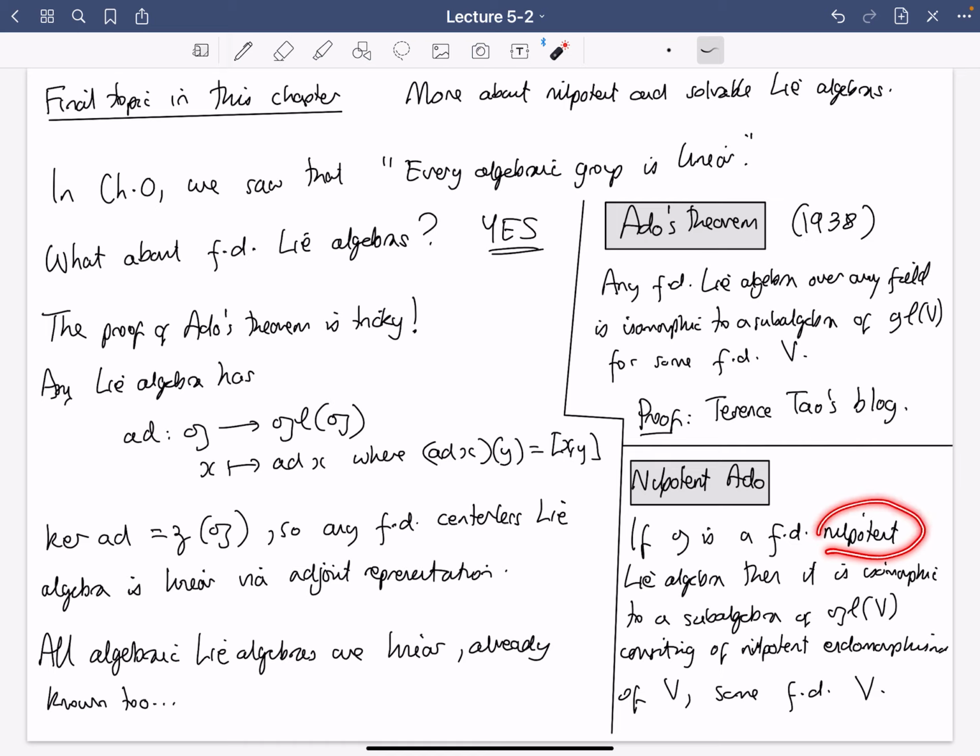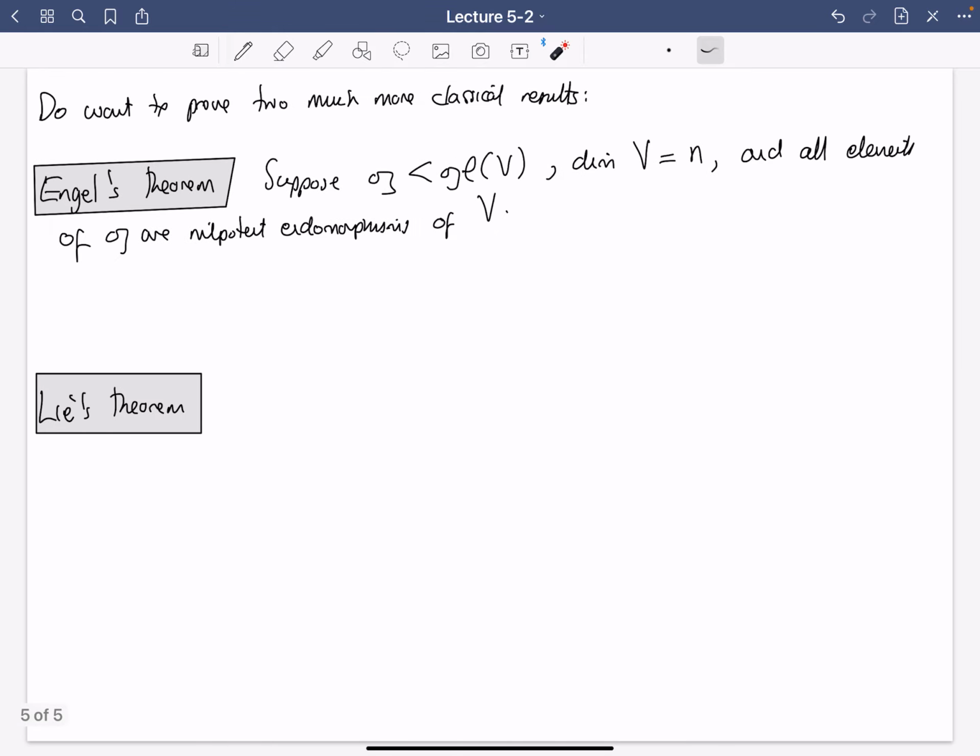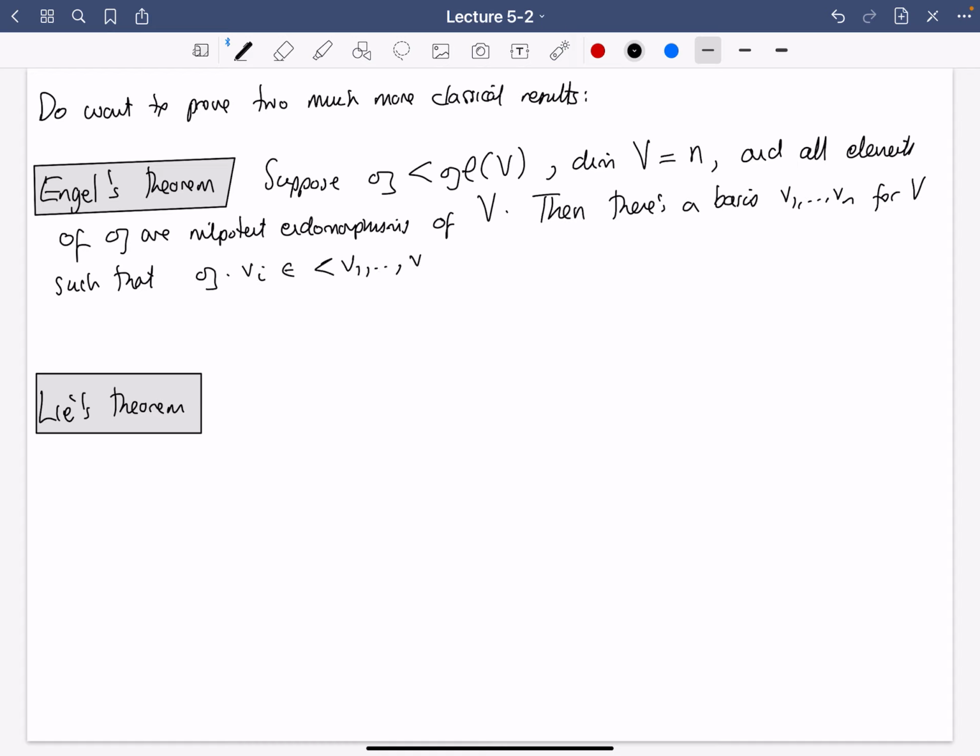Any nilpotent Lie algebra can be realized as a subalgebra of GL(V) consisting of nilpotent endomorphisms. So any nilpotent Lie algebra in the setup of nilpotent Ado there will give a situation where Engel's theorem applies. And the theorem says that there's a basis v1 through vn for V such that G sends vi into the span of all the strictly earlier vectors in the basis.